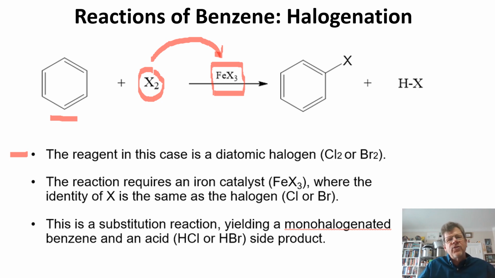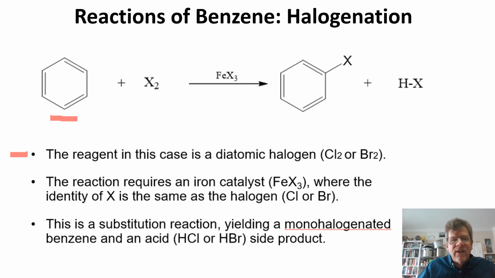So if I have Cl2 as my reagent, the catalyst would have to be FeCl3, right? And if I had Br2 as my reagent, the catalyst would have to be FeBr3. That's why we're using this X here, because X on one must be X on the other. And this reaction proceeds just fine in a substitution sense.